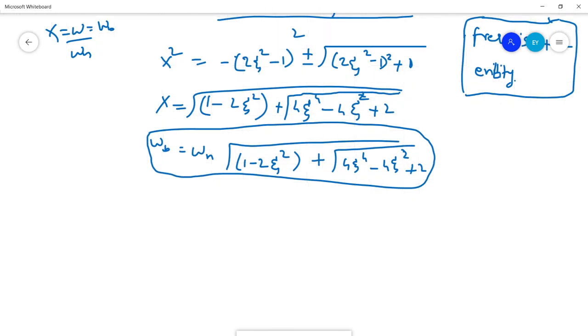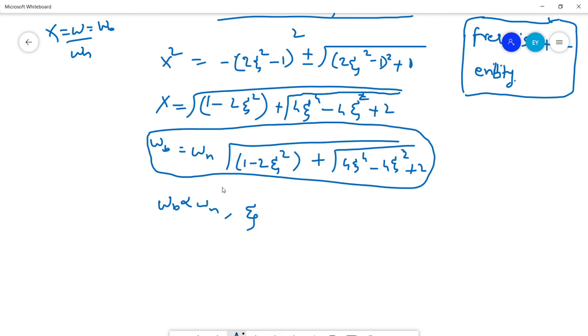Now what if the zeta value changes? Bandwidth is dependent on zeta as well as natural frequency omega n. In the second order equation, zeta and omega n are the factors which you get from the second order equation. So bandwidth is a function of omega n and zeta, right? So bandwidth omega b is directly proportional to omega n and zeta also, right?